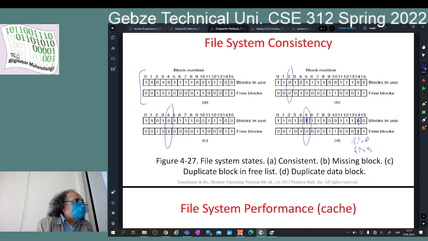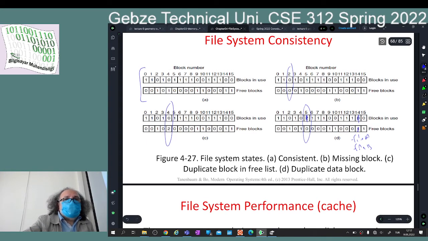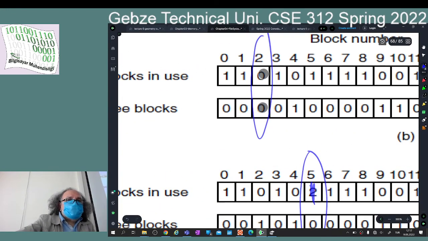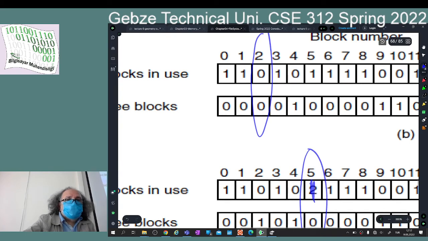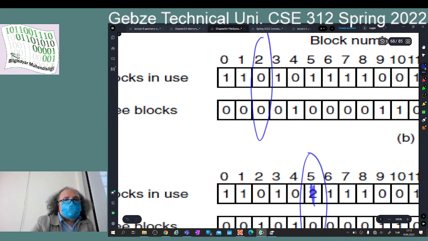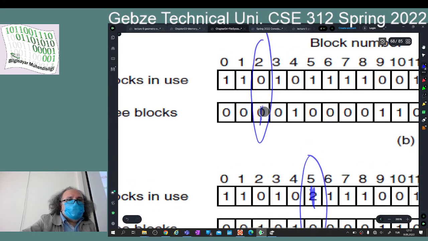Remember those? It doesn't do this automatically. It says I am taking a backup of block number 2, and it is now available. It just doesn't make it 1 right away. It takes a backup of it in a file, and then it makes it 1.